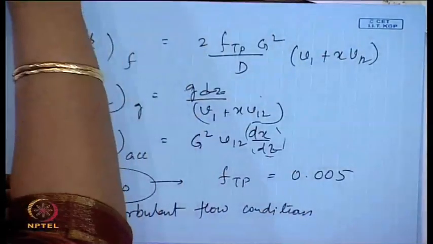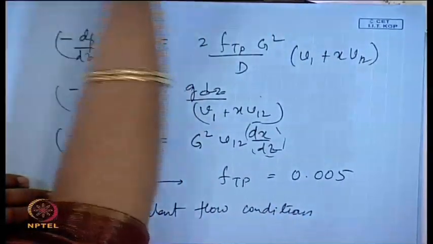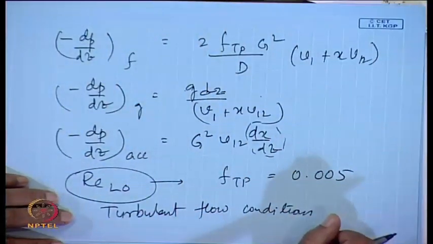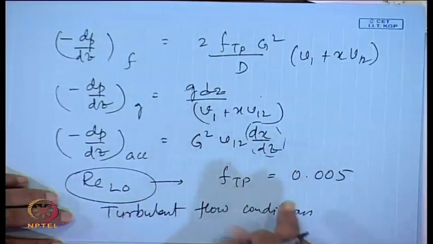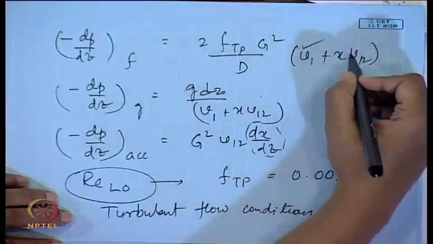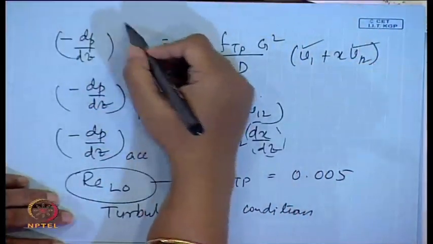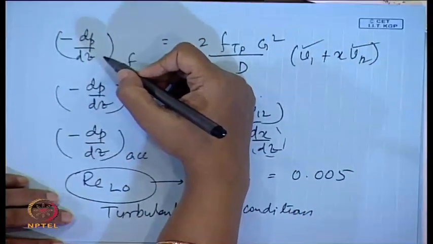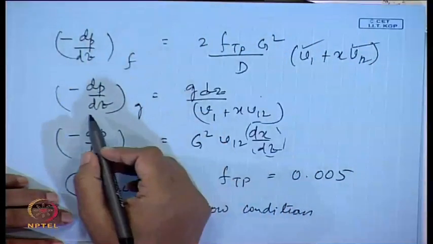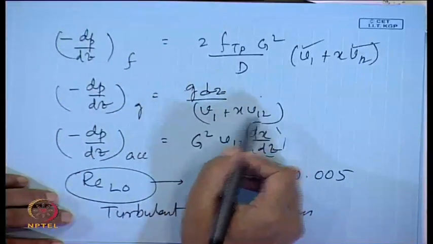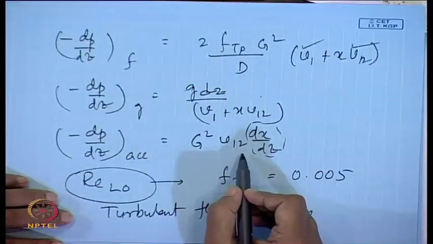If something is specified, then it is fine. When nothing is specified, then you can simply assume f TP equals 0.005. So, moment you know this, you know V 1, you know V 1 2. Therefore, you can find out the frictional pressure gradient. Okay. Similarly, the gravitational pressure gradient also you can find out, and the acceleration pressure gradient also you can find out.